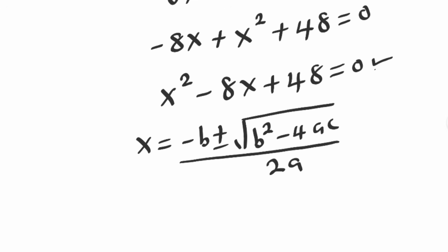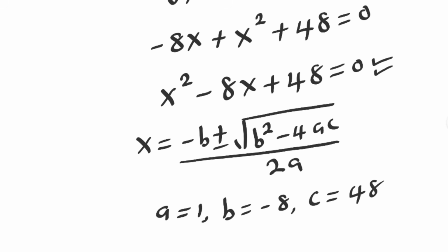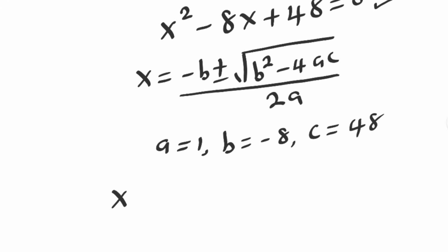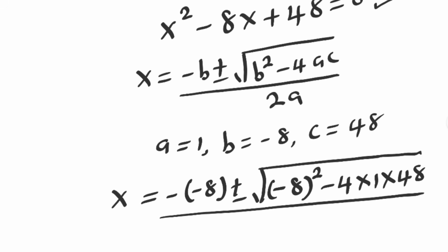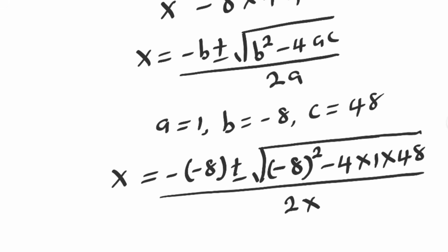Then from this equation, a is equal to 1, b is equal to minus 8, c is equal to 48. x is equal to minus bracket minus 8 plus or minus square root of minus 8 squared minus 4 multiplied by 1 multiplied by 48, everything divided by 2 multiplied by 1.